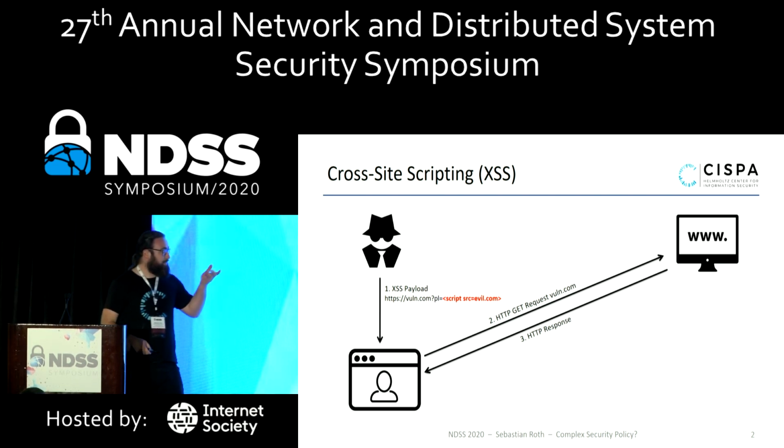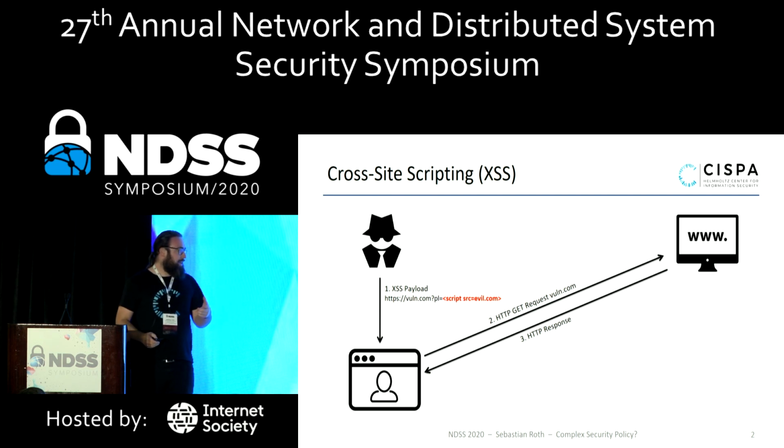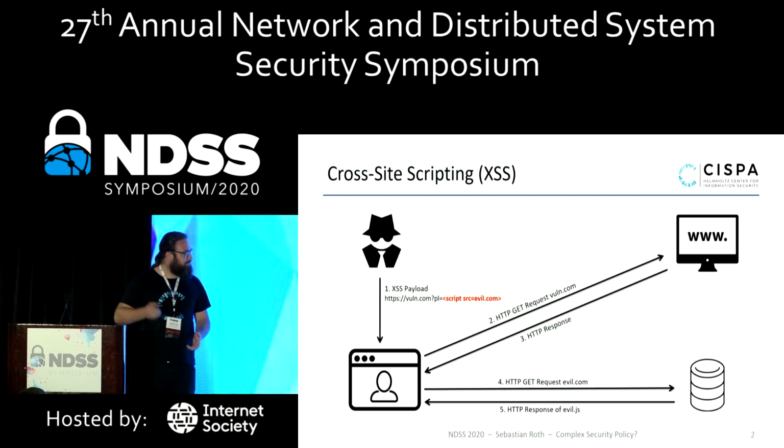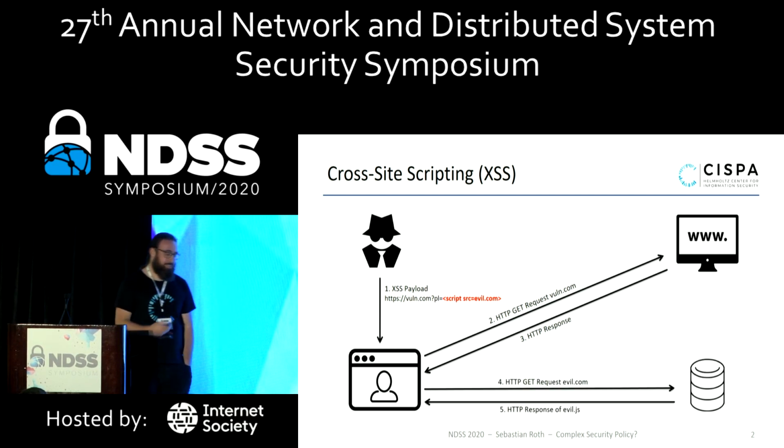In this request, there is a script tag. Due to the nature of this attack, this script tag is then reflected in the response, and therefore the victim's browser will load the evil script from evil.com.